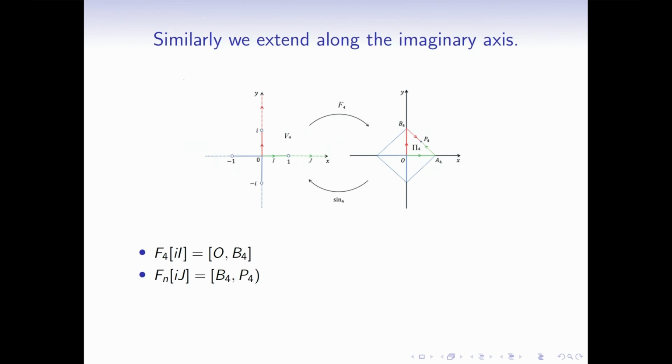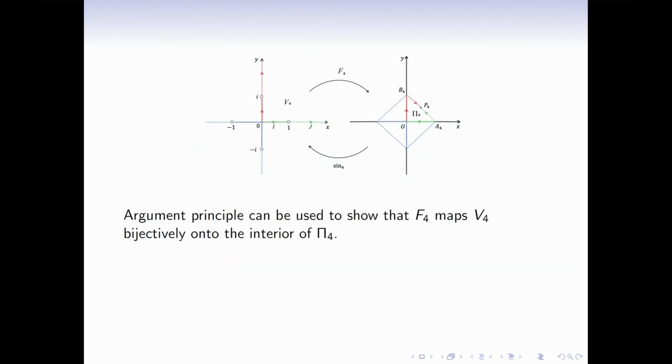And then you similarly do this over the imaginary axis. What's happening from 0 to i? That will be mapped to 0 to b_4, which is the rotation of this complex number by 90 degrees. And then for values past i, in the vertical direction, it just moves this way from b_4 to P4. Okay? So you've got the boundary, and now what's happening on the interior. The argument principle can be used to show that f4 maps V4, this region, bijectively onto the interior of P4, which is that isosceles right triangle there.